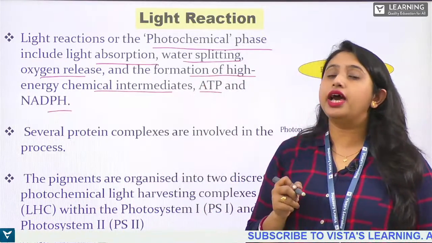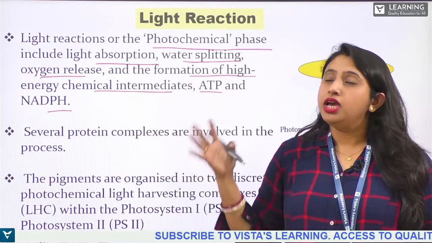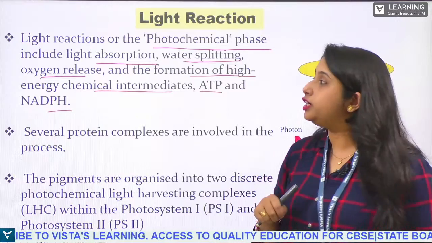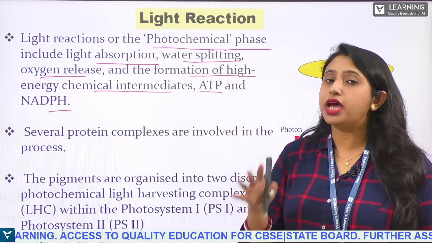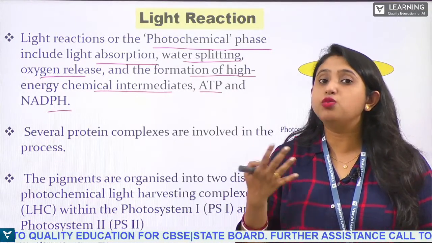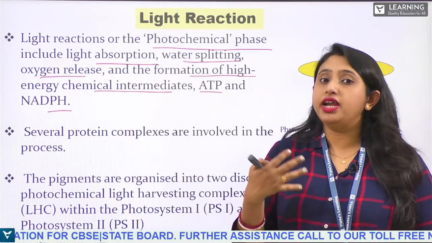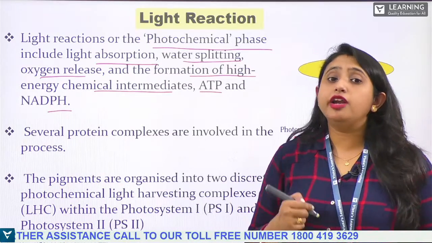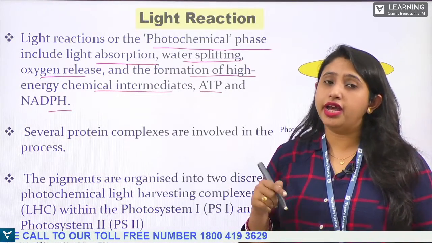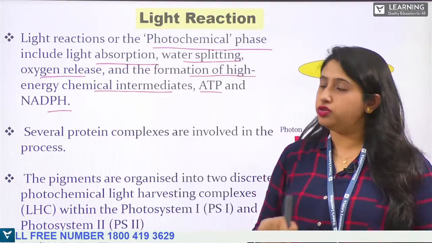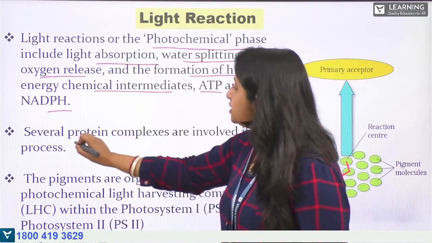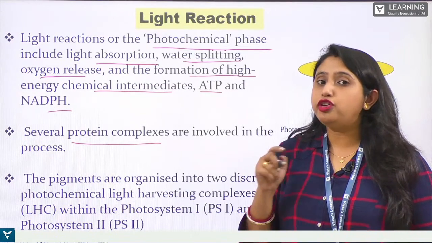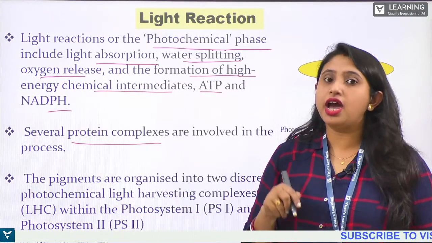These are required by the cell. ATP and NADPH provide energy. Here you will find several protein complexes involved, like the cytochrome, the plastoquinone, plastocyanin.